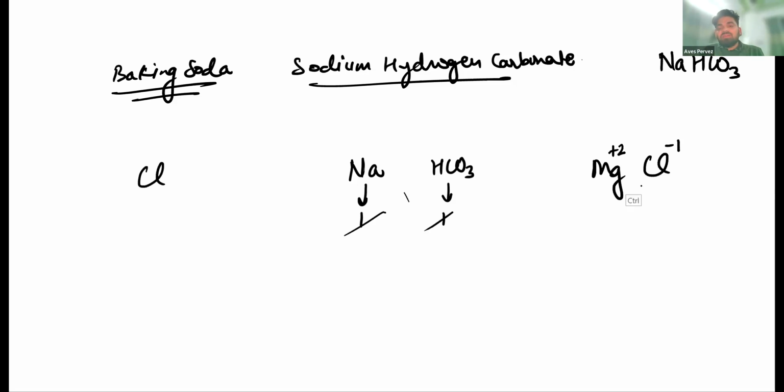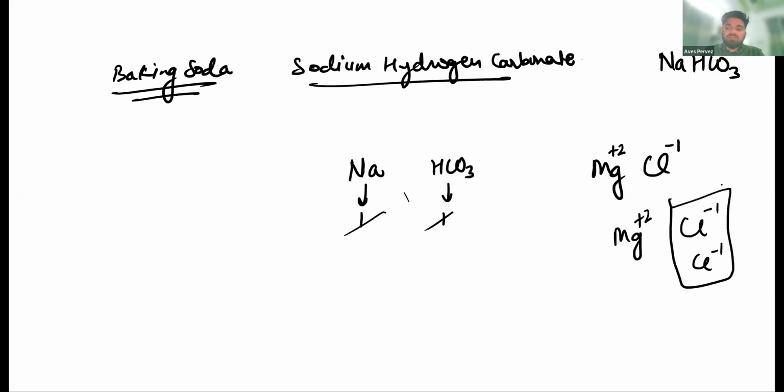Coming to the point that Rima was asking: magnesium is going to have +2 valency, chlorine is going to have -1. So to make this compound, we need one magnesium atom and 2 chlorine atoms, because 2 chlorine atoms with -1 each together have -2 charge. So this -2 and +2 will balance each other.